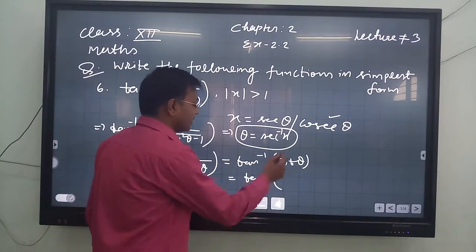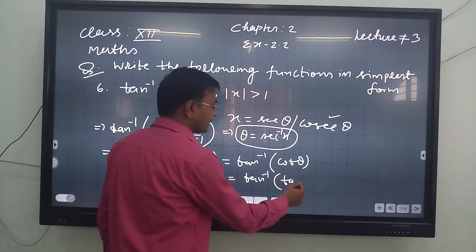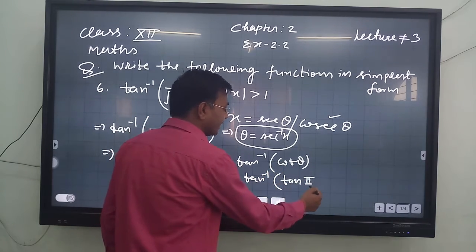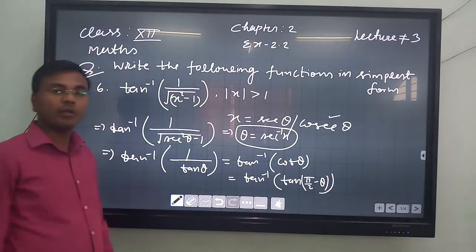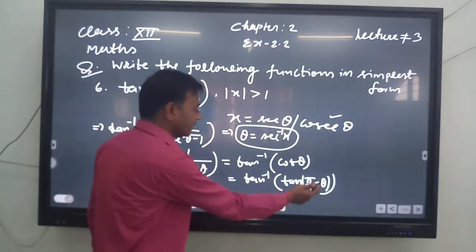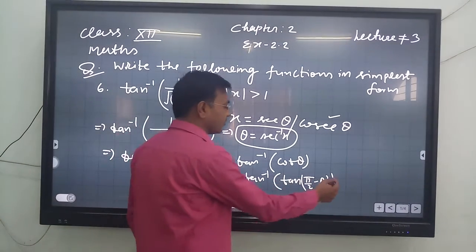Because there is tan inverse, we have to reduce this cot theta in terms of tan. So use the complementary angle property, that is tan of pi by 2 minus theta. So tan inverse tan of pi by 2 minus theta, we already studied, this is the property.